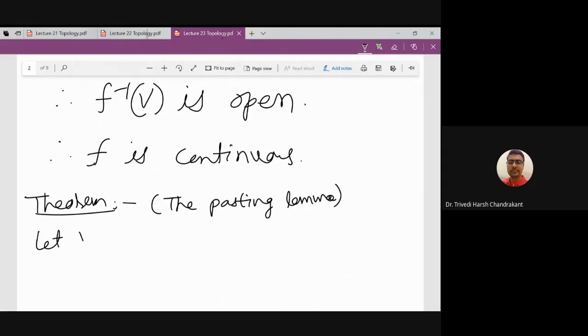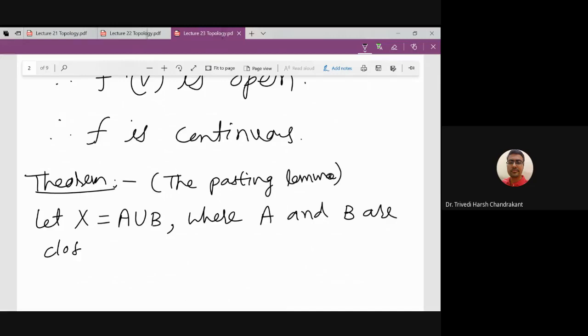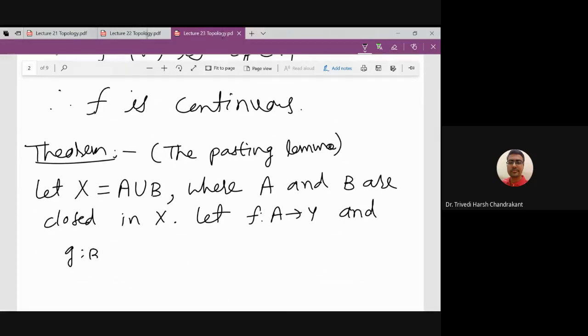What it says is that let X, which is the domain of the function, be a union B, where A and B are closed sets in X, and consider functions F from A to Y and G from B to Y to be continuous functions.